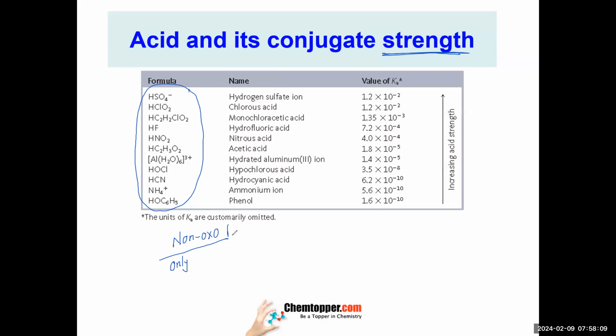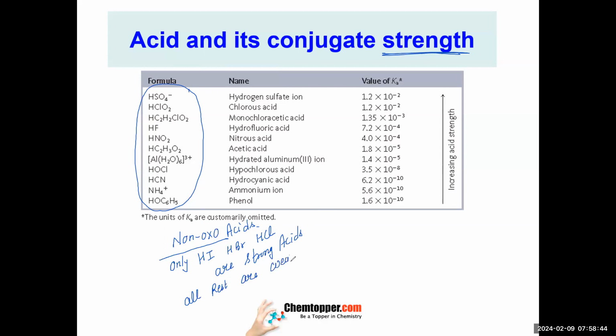In non-oxo acids without oxygen, only HI, HBr, HCl are strong acids. You can see that they all are missing here. Nothing else. All rest are weak. All rest are weak. Please write down.